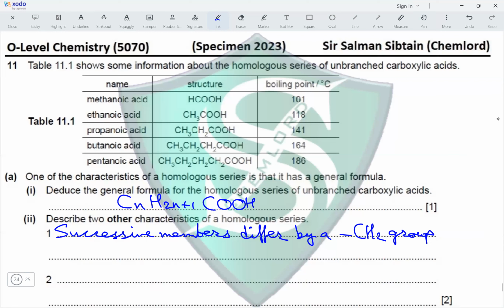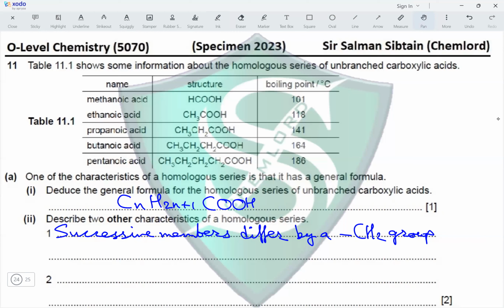So look at methanoic acid HCOOH and ethanoic acid is CH3COOH. CH3COOH has an additional CH2 group, right? Come to propanoic acid, CH3 is there, but between CH3 and COOH there is a CH2, so an additional CH2 group. So this is one of the characteristics of a homologous series.